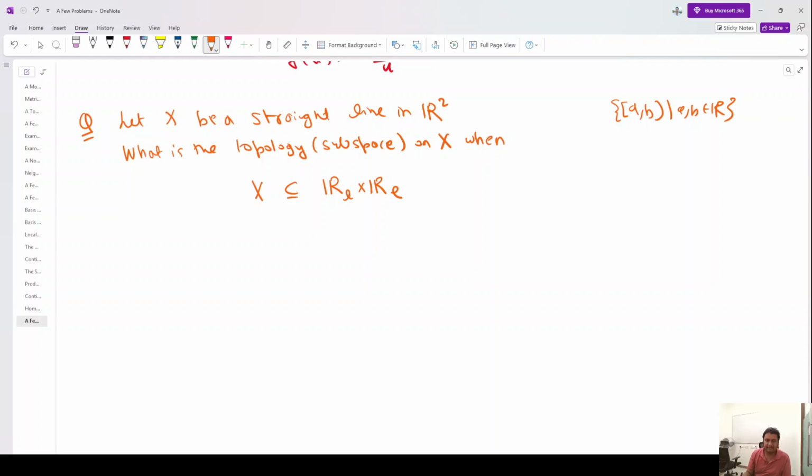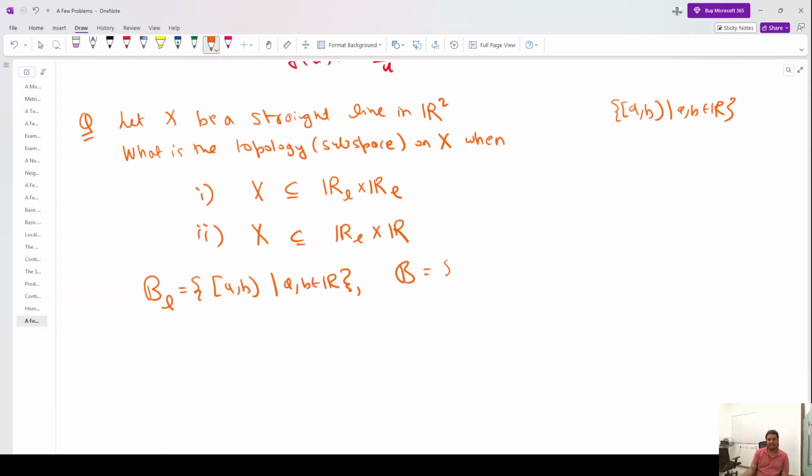As a subspace of the product topology. So this question is about subspace topology as well as product topology. X as a subspace of, say, R with lower limit topology cross the usual real line R. So you know the basis of lower limit topology. Let's write it BL. And what is the basis for the usual R?